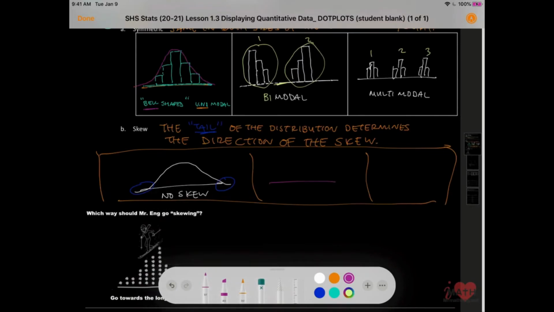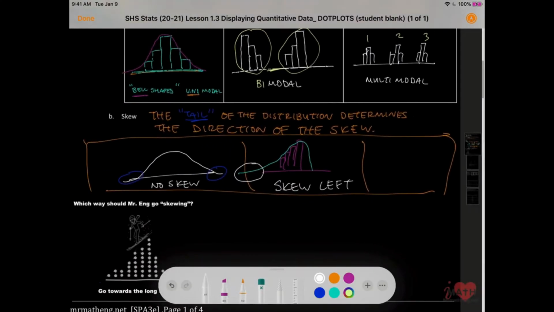This is my graph. And the tail is going over here to this side. What side is that? That is the left side. So we would call this one skew left. Skew left. The tail is going towards the left.